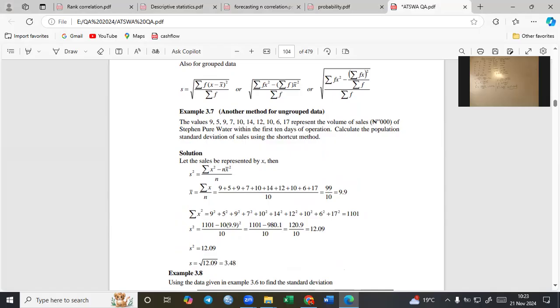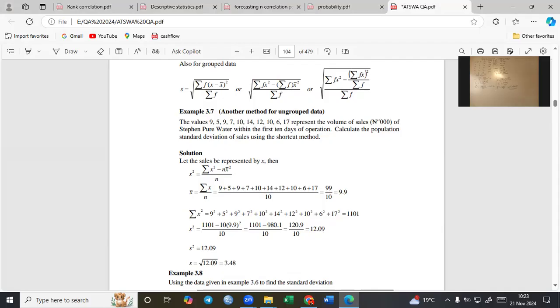Group data. Now we have the formula there. Now S, if you still remember the shortcut method, is summation of f into bracket x minus x bar squared over summation of f. Then we find the square root.